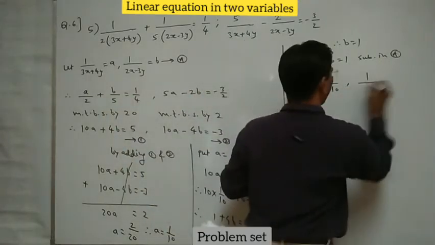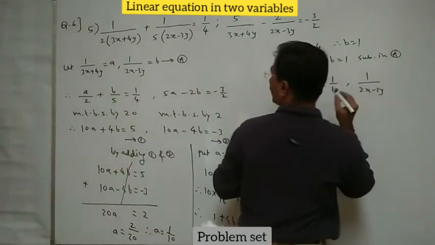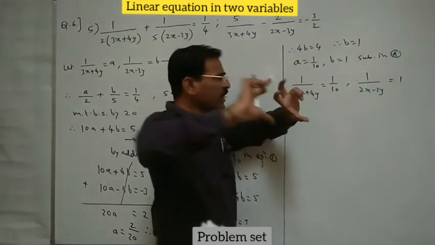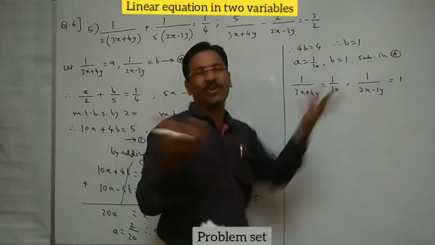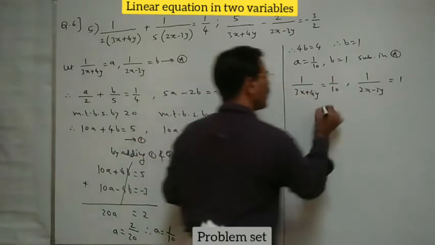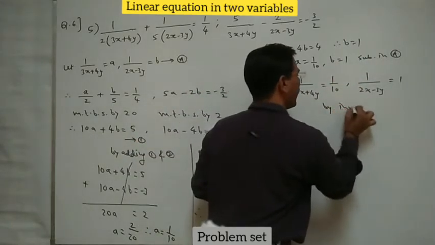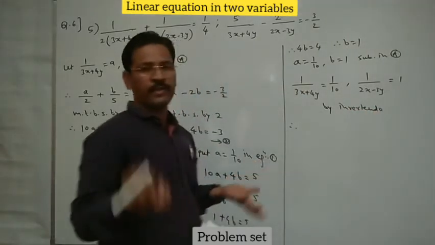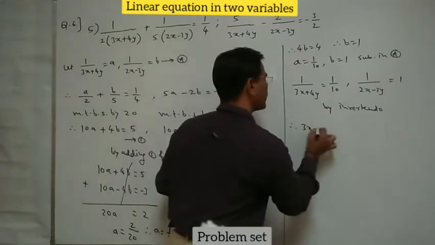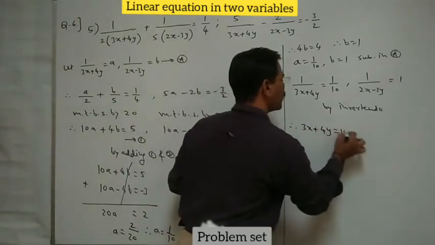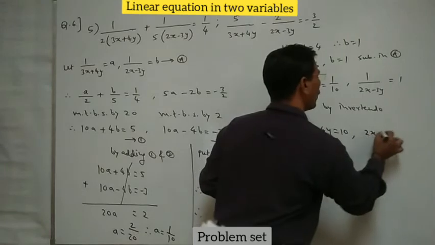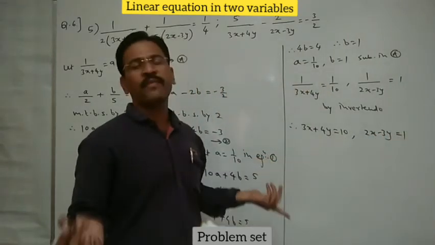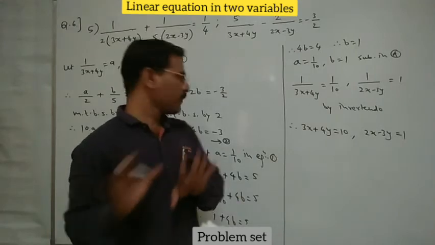And here 1 upon 2x minus 3y is equal to b, that is 1. So just go with inverting, we can do that because the numerator is only 1. By invertendo, what will we get here? Already we have solved all these kinds of examples. Okay. So 3x plus 4y is equal to 10. That side 2x minus 3y is equal to 1. So by solving these two, we can find the values of x and y. Understand?